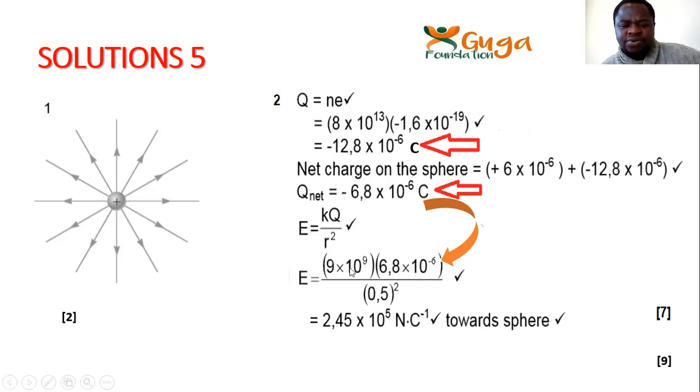Then you put your constant, 9 times 10 to the power 9, multiplied by the Q net, 6.8 multiplied by 10 to the power negative 6. Here you don't put the negative, over 0.5 squared. And then it will give you 2.45 multiplied by 10 to the power 5 Newton per Coulomb, towards the sphere Y. And then it should be simple.